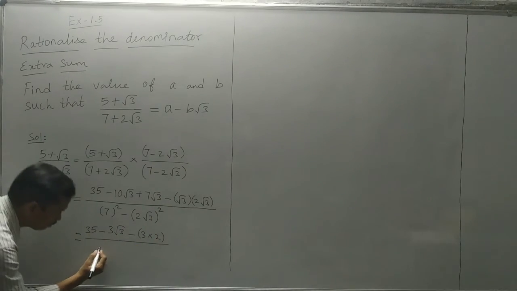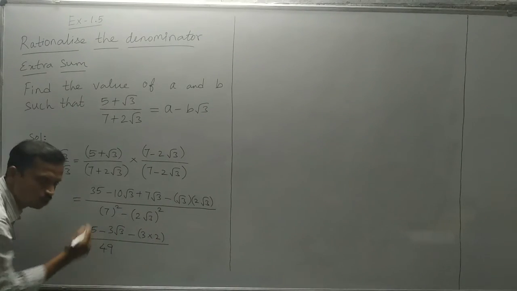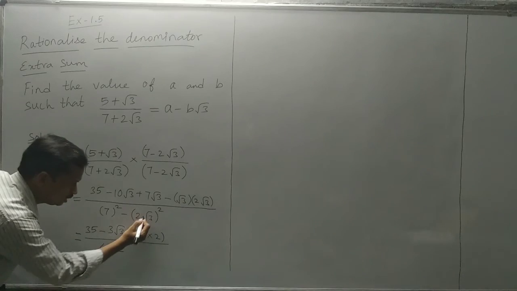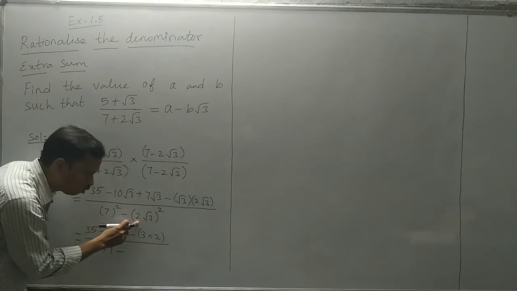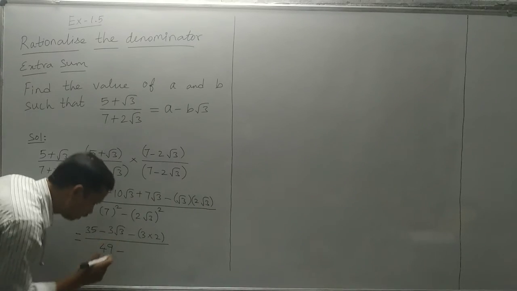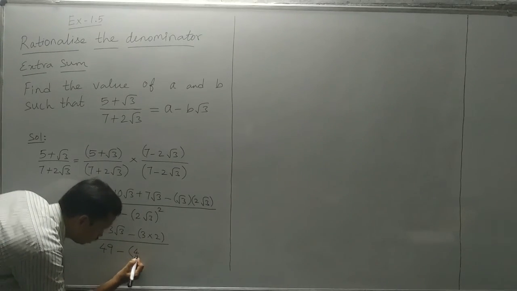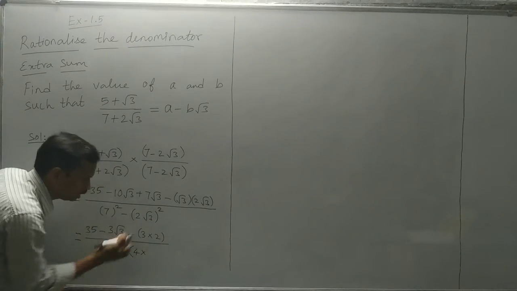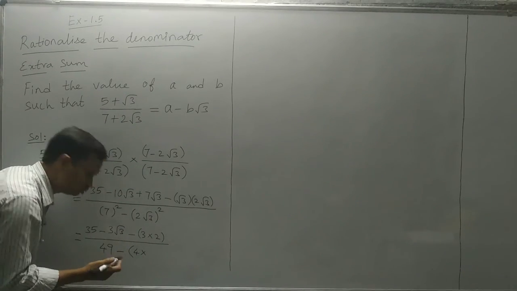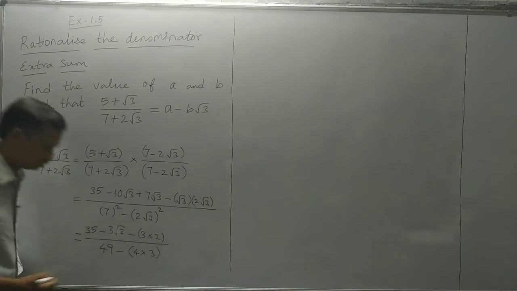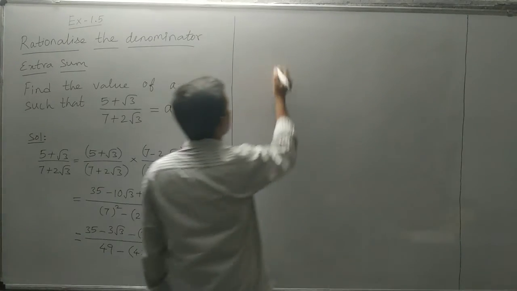And the denominator, what happens? 49, 7 square is 49. Minus. Here we have to be very careful. First of all, you have to apply the square for 2. What happens? 4. So within bracket you write 4 and then into root 3. If you apply square for root 3, what happens? 3. That's all.